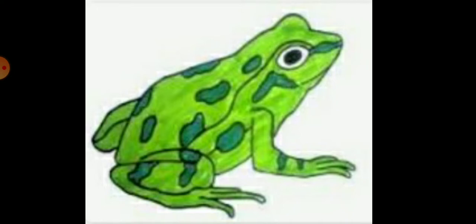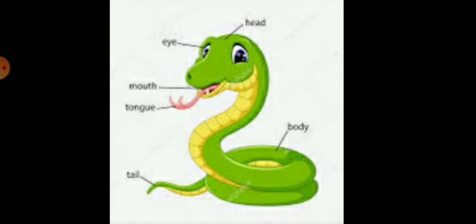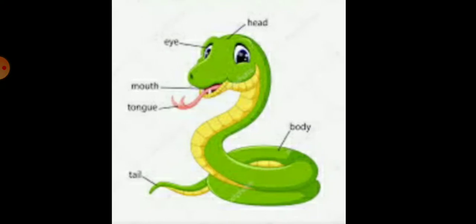Okay, children, the next example. Yes, in this picture you can identify snakes. Snakes have a long backbone and a large number of thin muscles, and the muscles are connected to each other, and the backbone, ribs, and skin are also connected to the muscles.